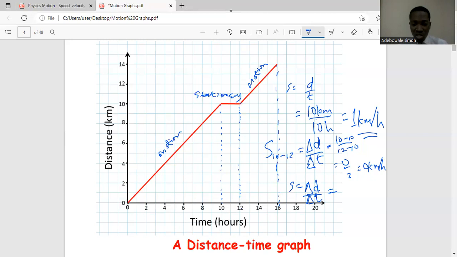Time is measured in hours here. So at 16 hours, the distance covered was 14 kilometers. So we have 14.